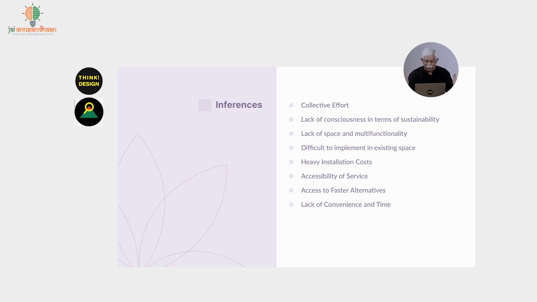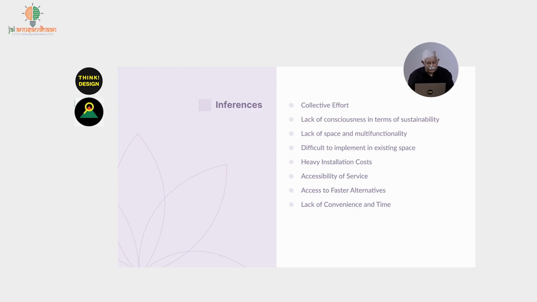There's also lack of space, okay, and for example, they realized it might be difficult to implement sustainability issues within the existing space. Also, the initial installation costs are very high, and also there were some problems with respect to accessing these services. Okay, so lack of convenience and time was a general felt need.